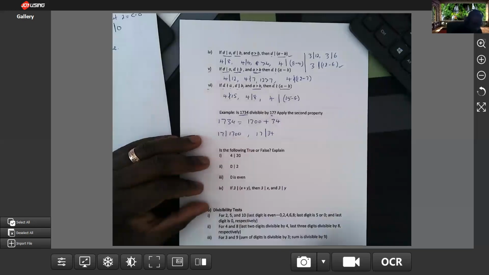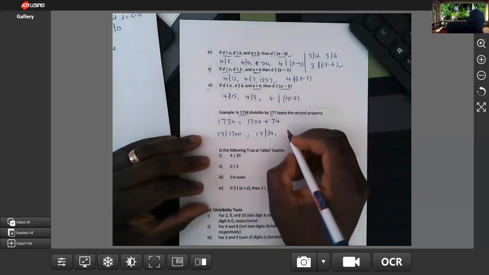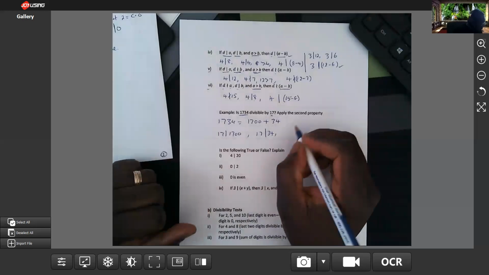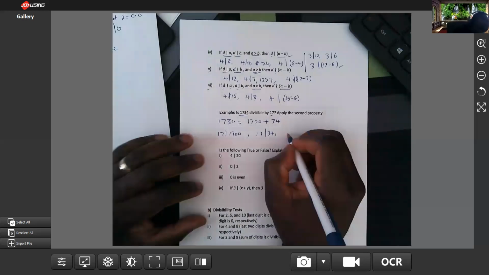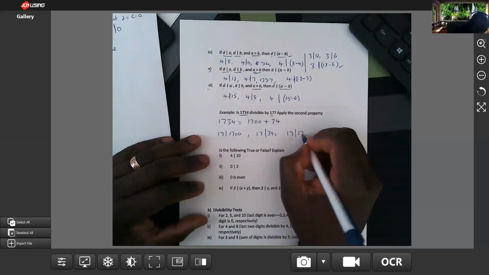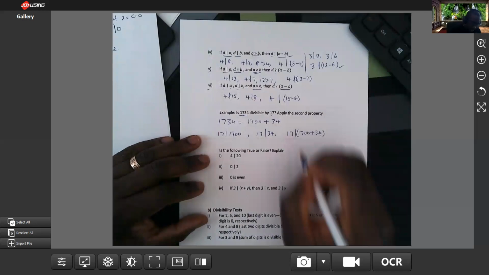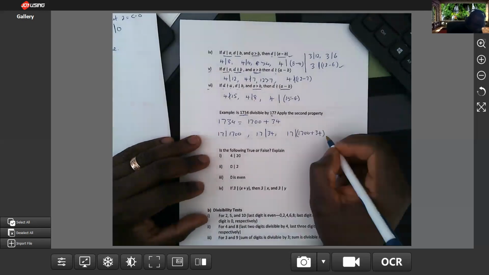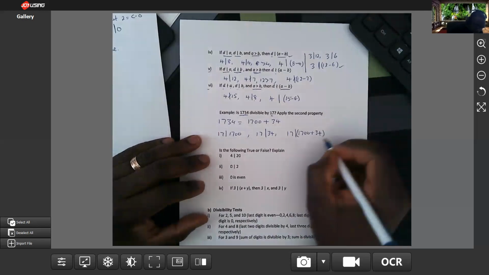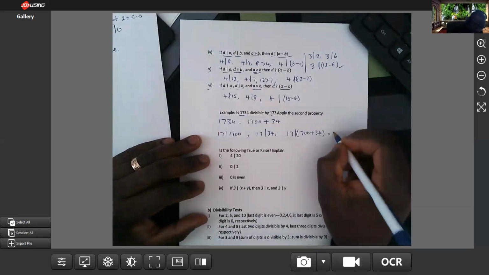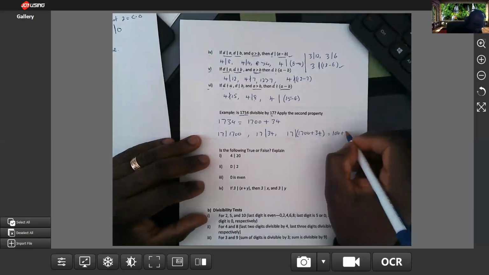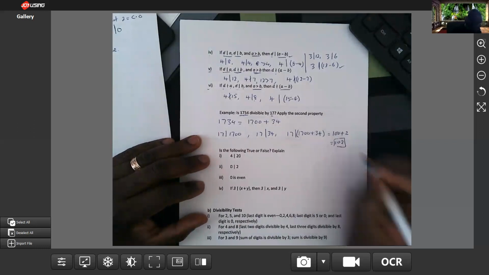And also, 17 will divide 34, which is 2. So that means that 17 divides the 1700 plus 34, which in this case will be equal to 100 plus 2, which is 102.